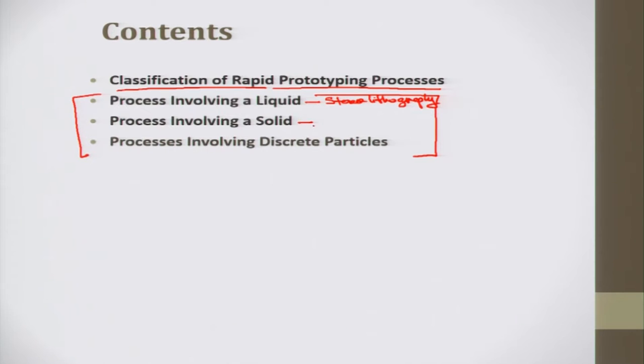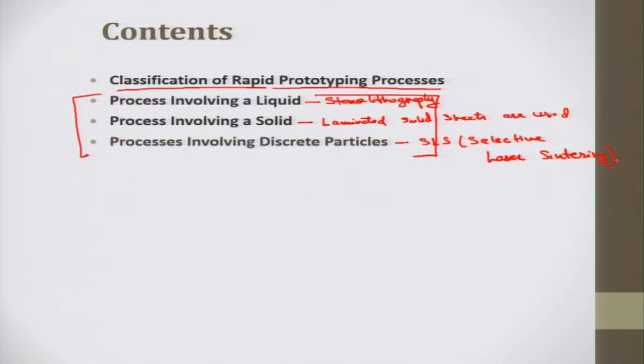And processes involving solid, laminated solid sheets are used here. For processes involving discrete particles, one of the very popular processes is SLS, that is selective laser sintering.